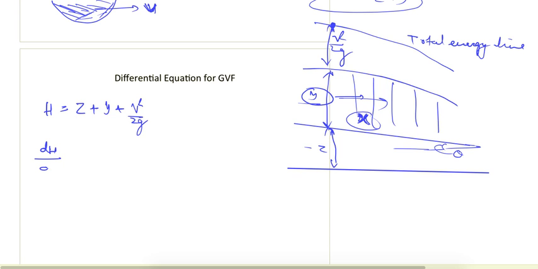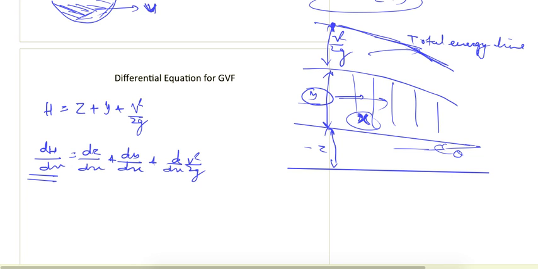We get dH by dx is equal to dz by dx plus dy by dx plus d by dx of V square upon 2g. Now in this equation, dH by dx represents the slope of total energy line, which means how the slope of this line varies as we are moving in the positive x direction.